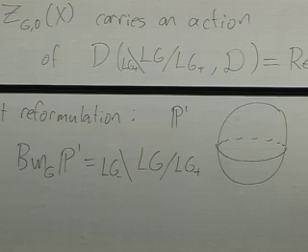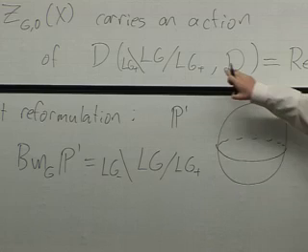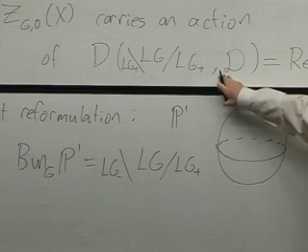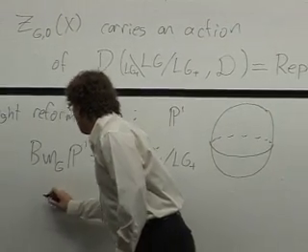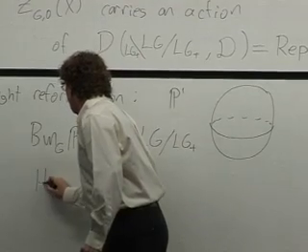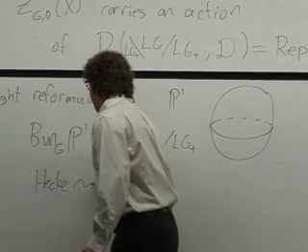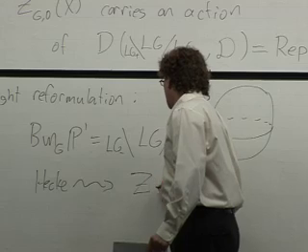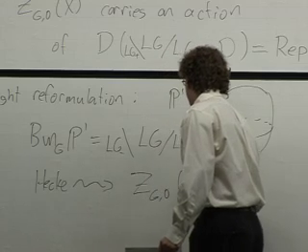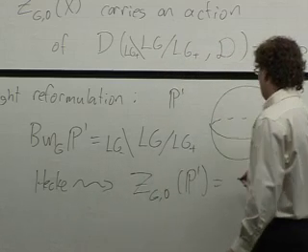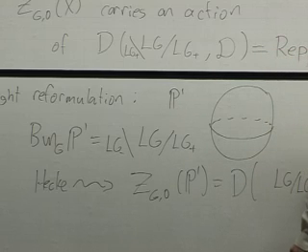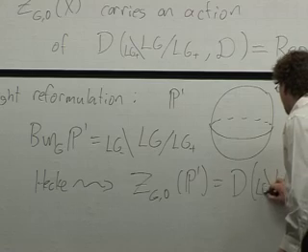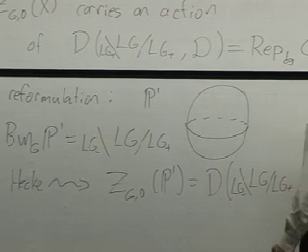So I'm going to pull a little trick, and I'm going to switch from this category to something else. I'm going to replace the Hecke category by ZG0 of P1, which means look at LG mod LG+ mod LG-, D-modules.